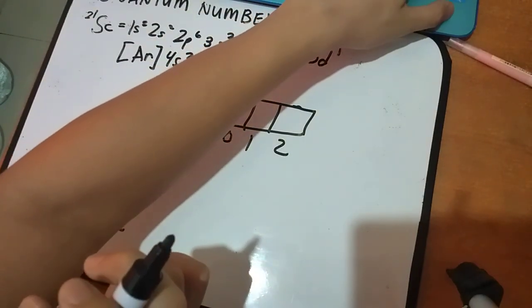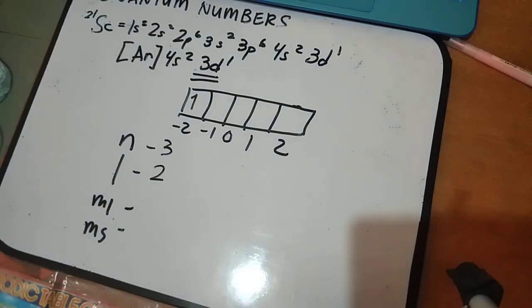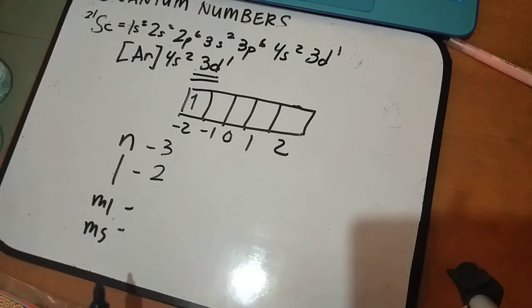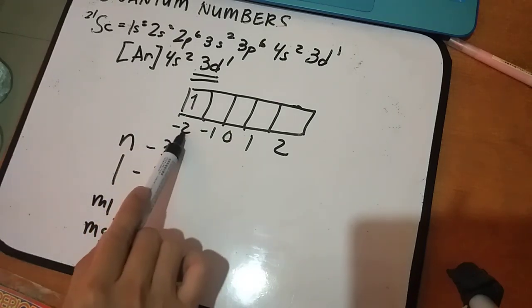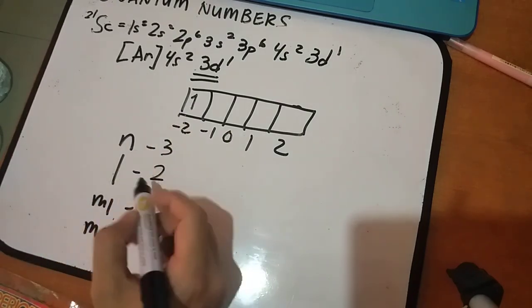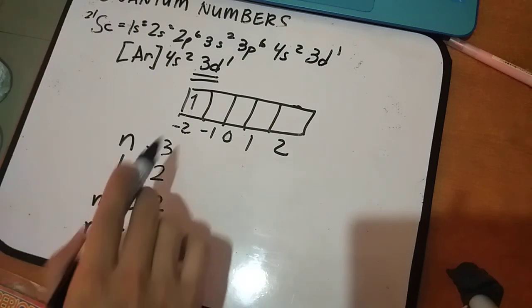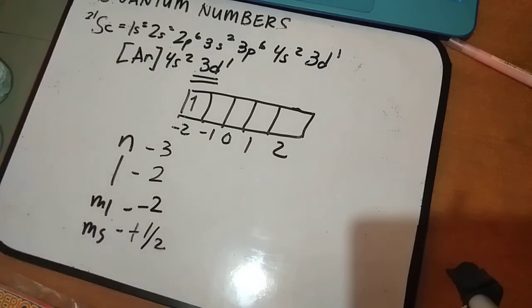Nakasunod ba? Okay. So, paano natin makalalaman yung ML? Look at the box. Saan lang ba yung meron? Arrow. This one. So, the address would be -2. And the spin would be what? Positive or negative? Since it's an arrow up, positive 1/2. Now, you have the sets of your quantum numbers.